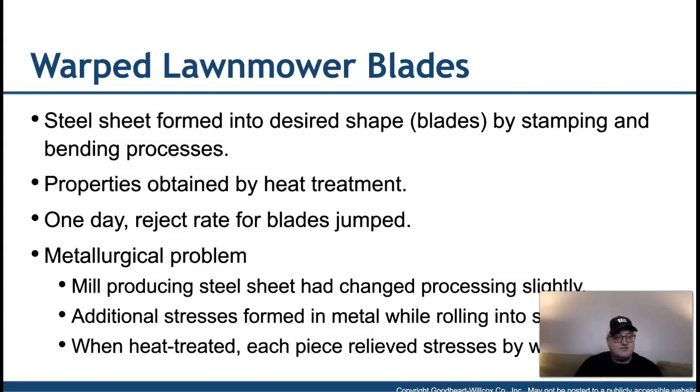After one day, the blades are rejected, and they've got a huge rejection rate. So it came to light, when they did some problem solving to figure out what's going on, that the mill producing the steel sheet had changed processing a little bit. That processing change created additional stresses in the actual metal when it was rolled into sheet. So when it was heat treated, that relieved the stresses and that caused warping.